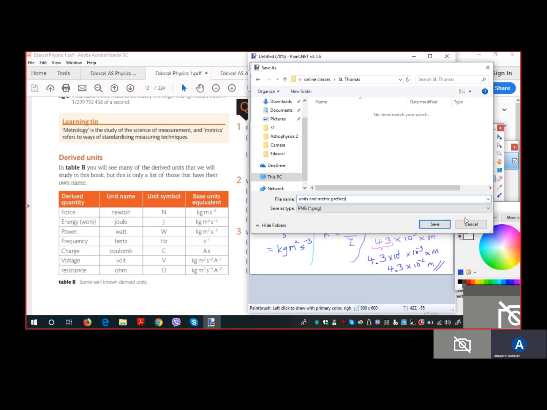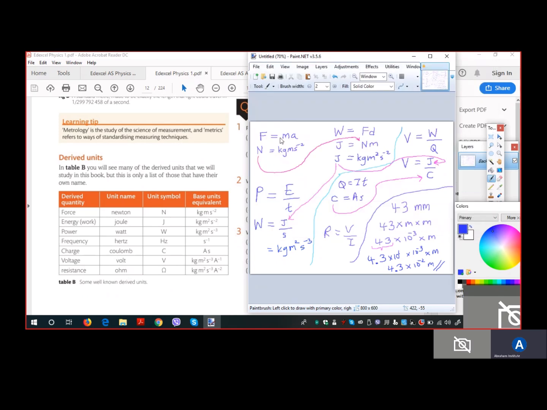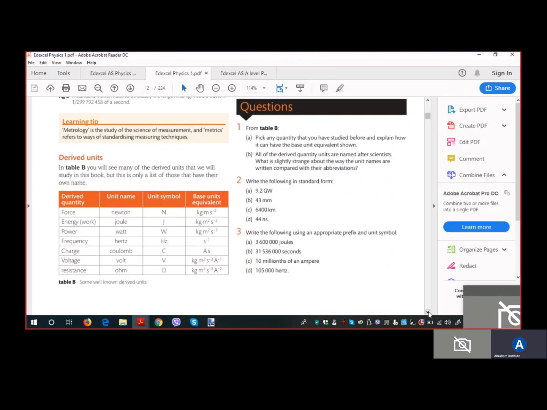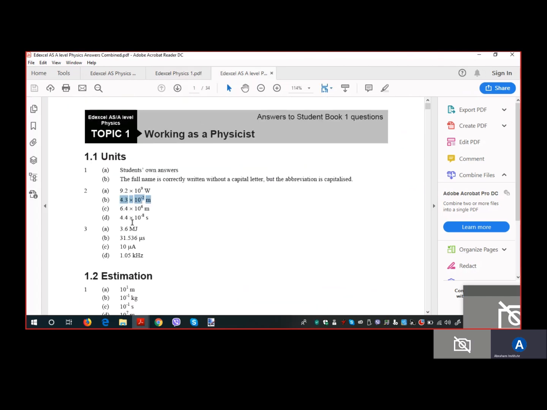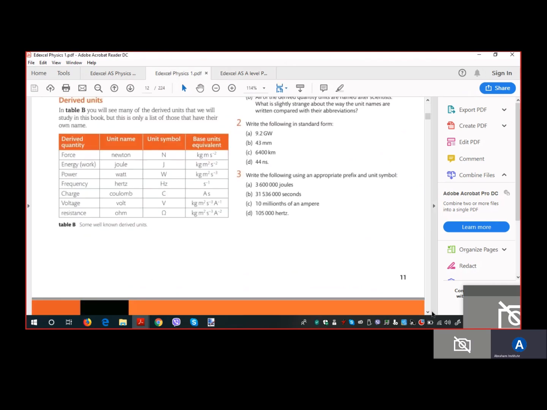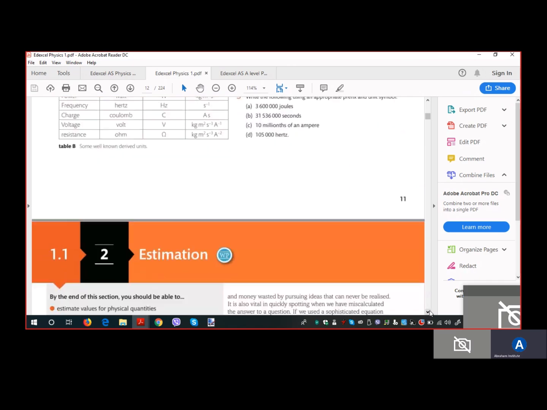I'll send you all this after the end of the class. Okay, so I saved it. All right, then you do all this for homework. The answers are here. I'll send this also to you. Both the books I'll send to you with the answers.